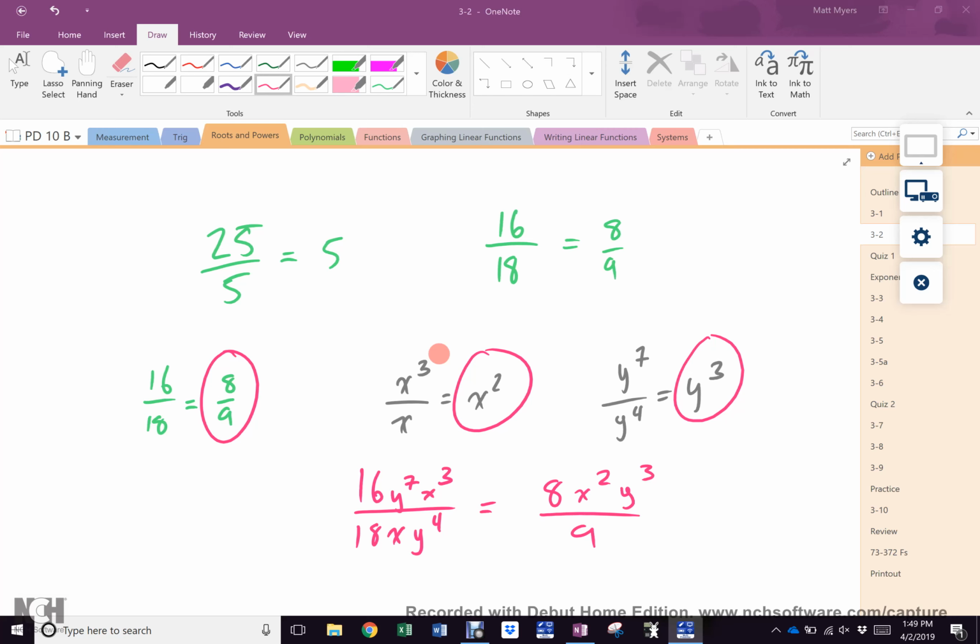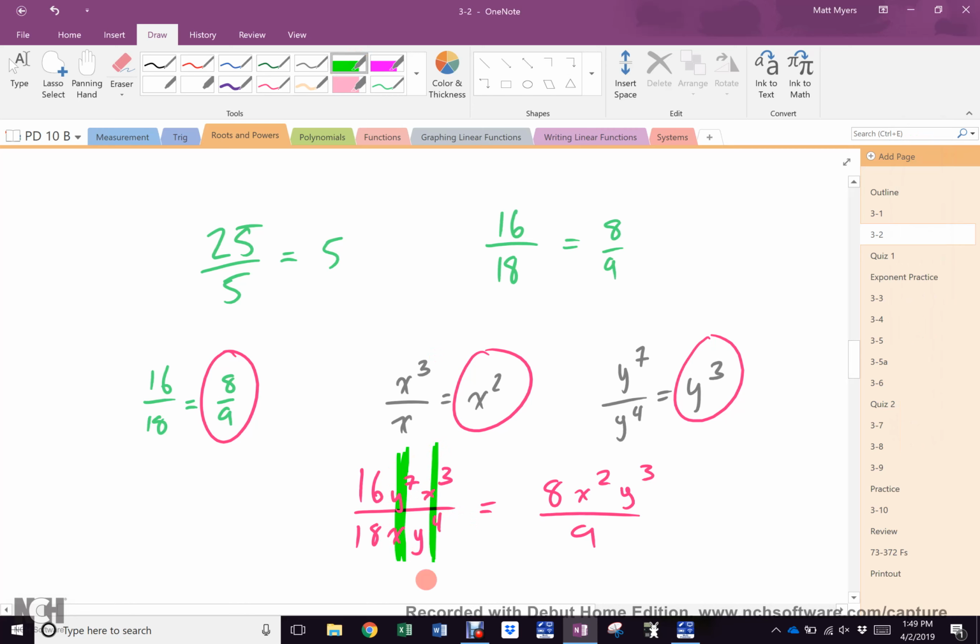And I wrote it this way. Would I fool some of you? Yes. I know I will fool some of you because I do this every year. Some kid always puts the X's with the Y's and the X's with the Y's. No. That is incorrect. X's with X's, Y's with Y's.